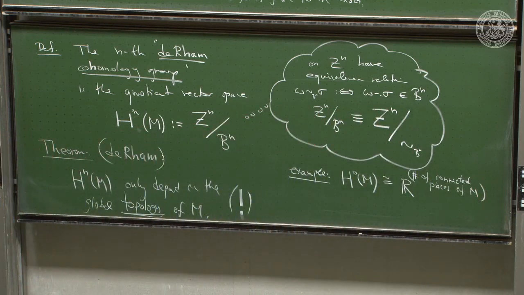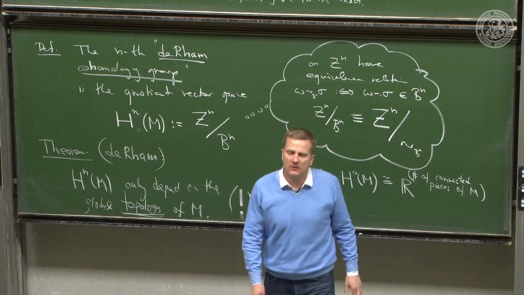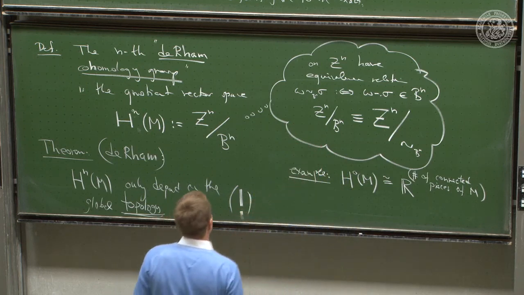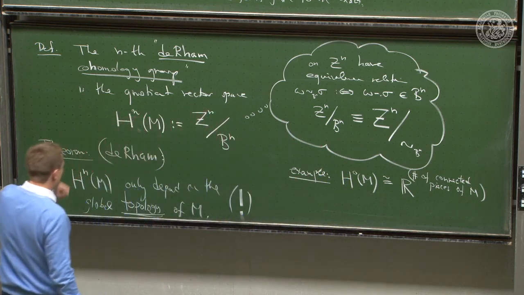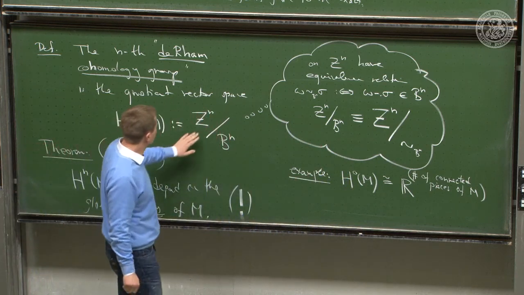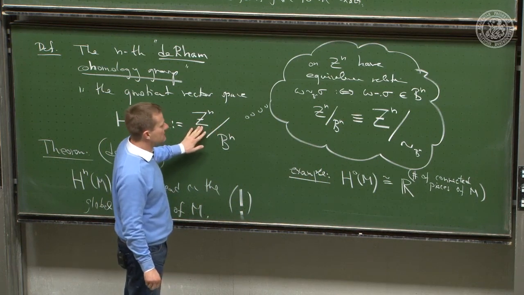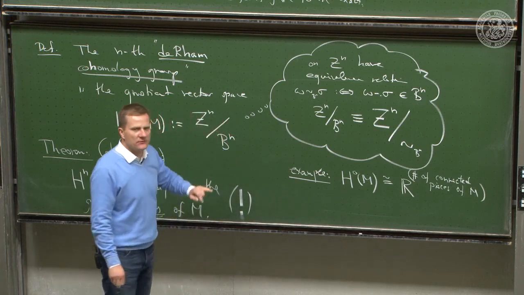It's the number of connected pieces of M. And that's very easy to prove if you think about what the exterior derivative does. And if you see that the closed forms, a form is closed if its exterior derivative vanishes.